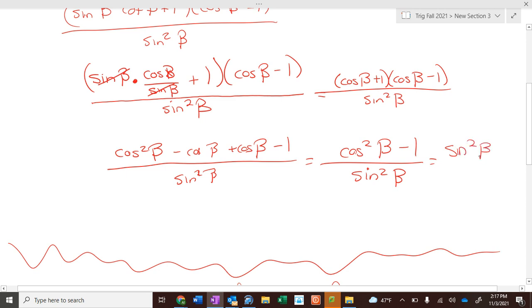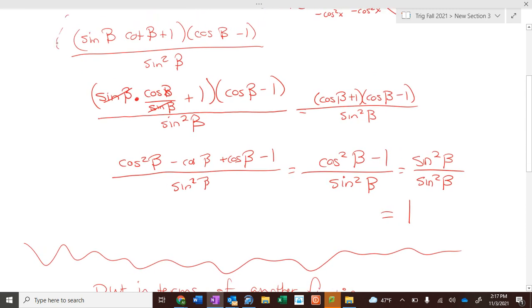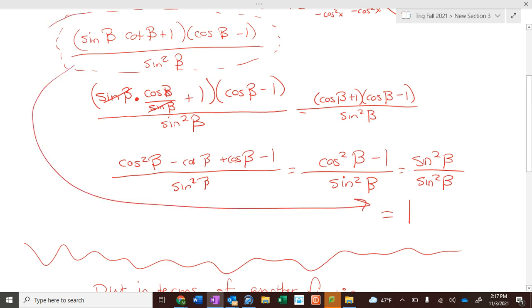Sine squared of b. And what's sine squared over sine squared? 1. So this whole mess of a fraction simplifies all the way down to be 1.